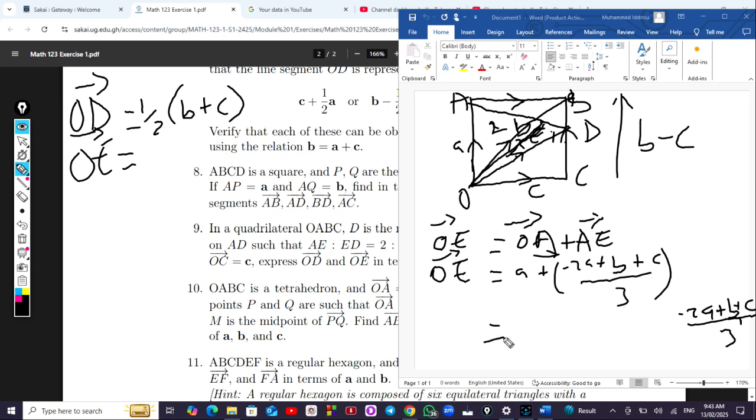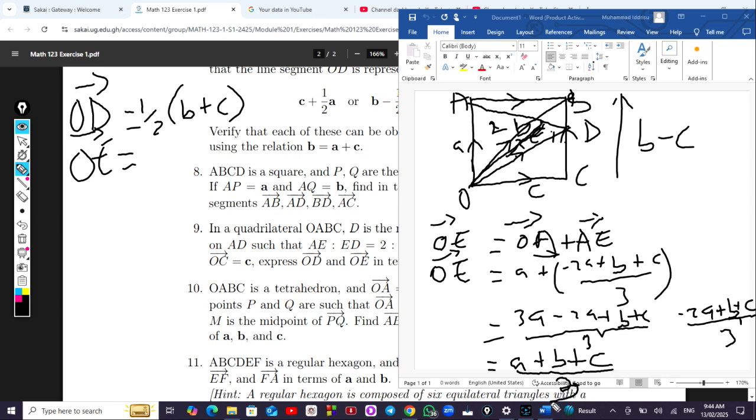So if we simplify further, we have 3A minus 2A plus B plus C all over 3. So this is equal to 3A minus 2A, which is A, plus B plus C, all over 3.